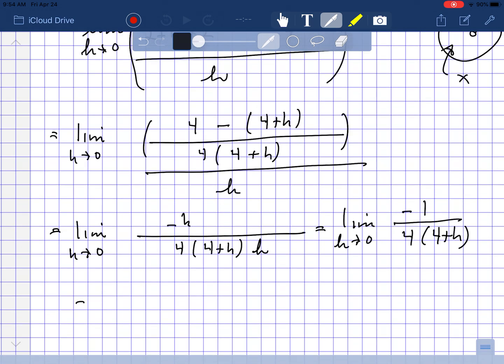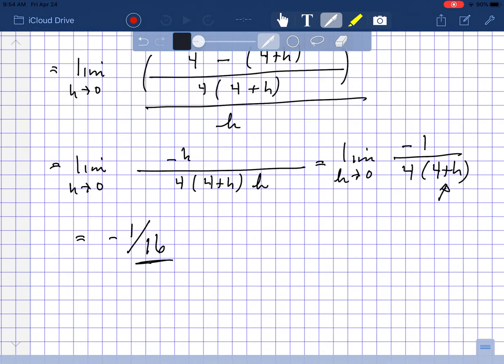And now what happens to this? As h goes to 0, this quantity here goes to 4, so my limit is going to go to minus 1 over 16. So this limit exists and is equal to minus 1 over 16.